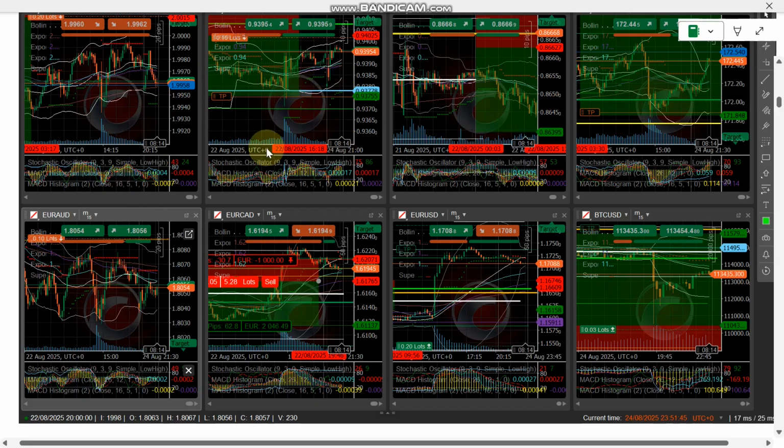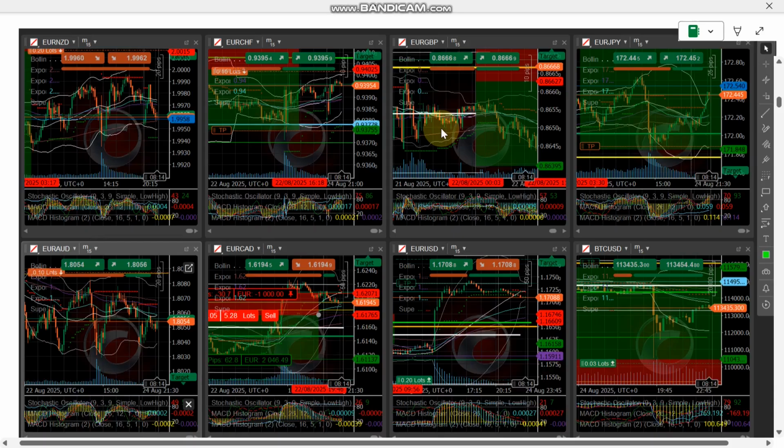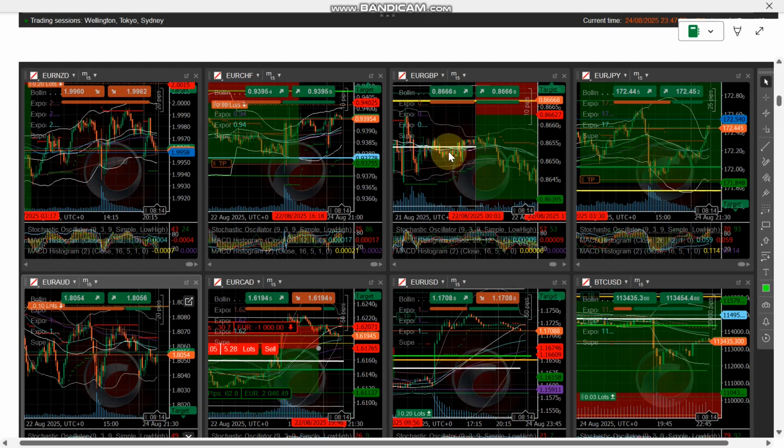All the pairs cannot be seen if I don't open it up bigger, but I use the MA to see, and like this one below the midline, this one below the midline. Which one is below the midline? This one is below midline, but the price is up. Price is sideways, price is up and then down. And this pair Euro GBP, oh, this is wrong.